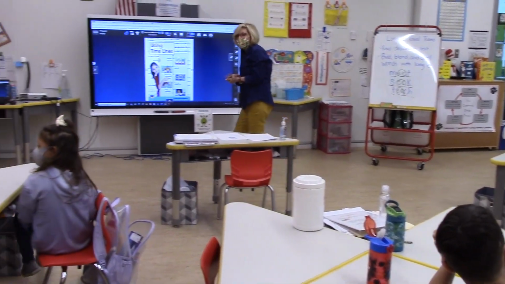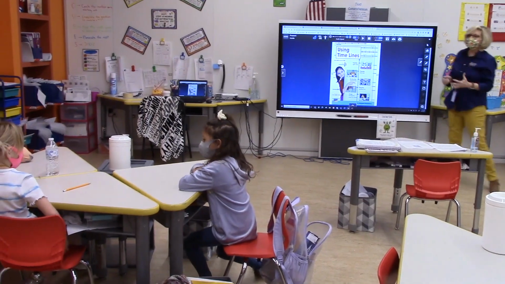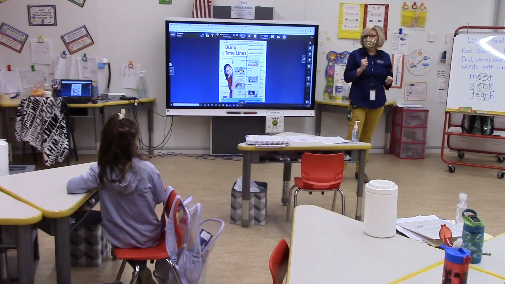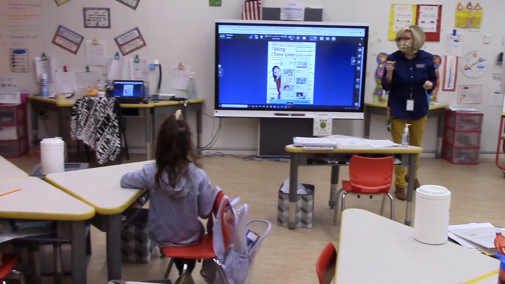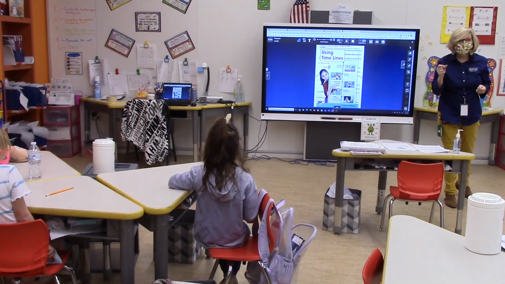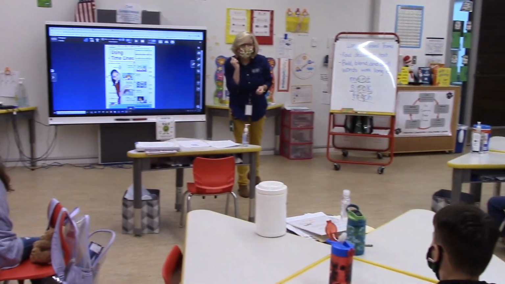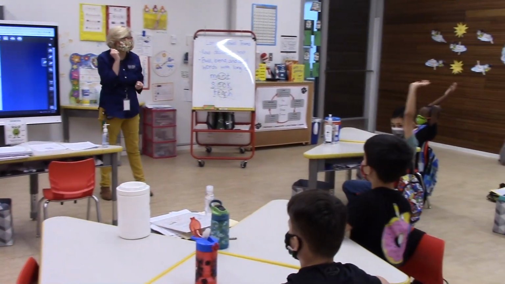Can you remember a text feature yesterday that we looked at? Glossary. A glossary? Can you give me another one? What else? What are some other text features?